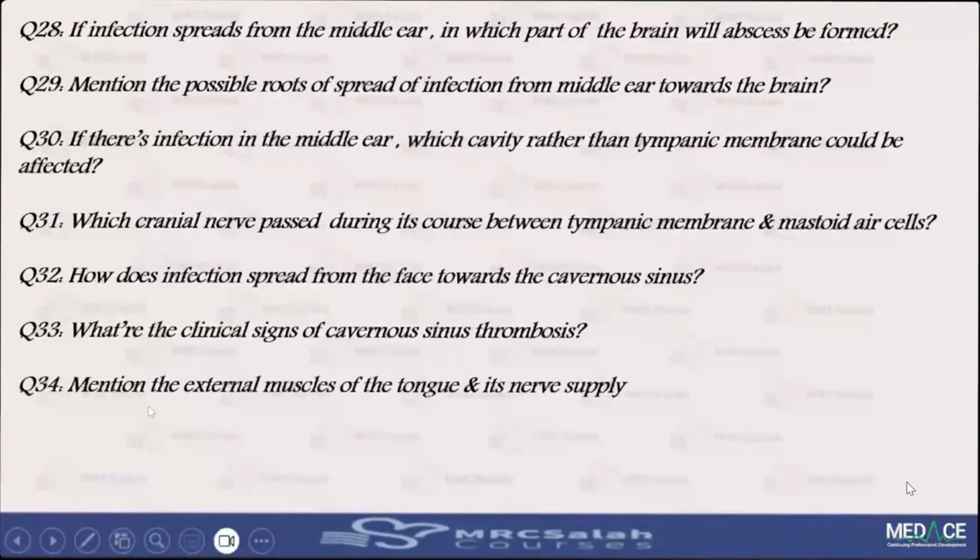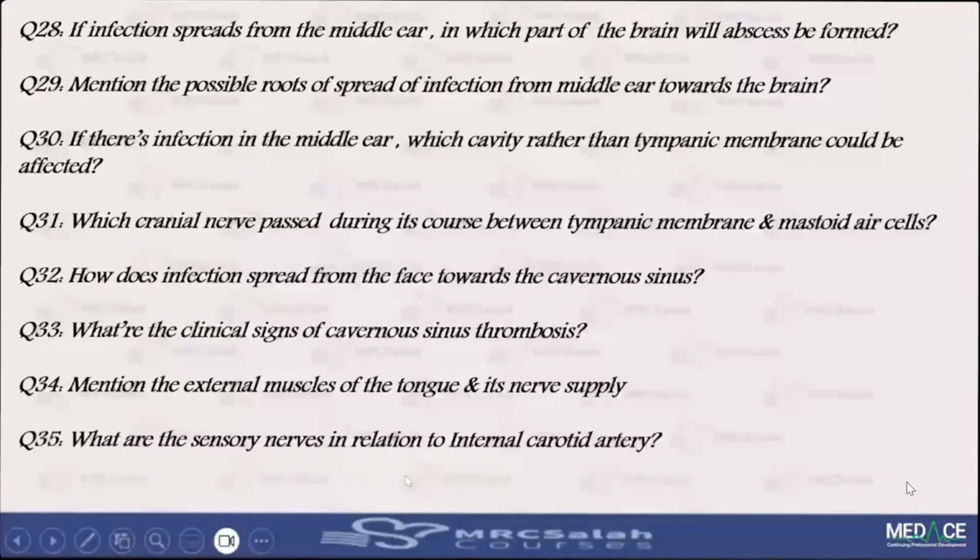Would you mention the external muscles of the tongue and their nerve supply, please? The styloglossus, hyoglossus, palatoglossus, and genioglossus. They are all innervated by the hypoglossal nerve, except the palatoglossus, which is supplied by the vagus. What are the sensory nerves in relation to the internal carotid artery?